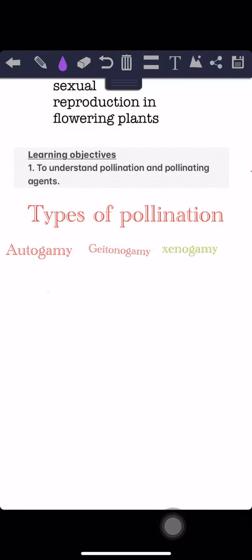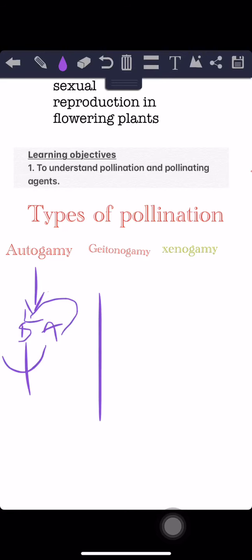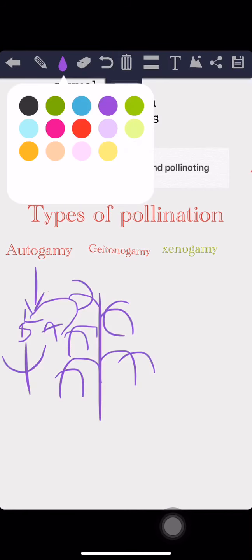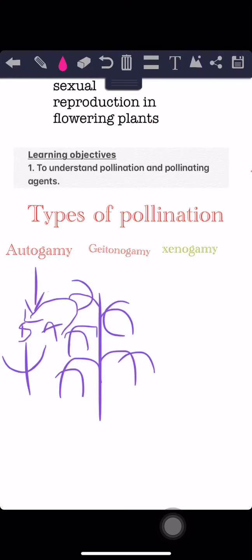So what happens in autogamy? In autogamy, if you see, there is one flower, and this is stigma, and this is anther. So in the same flower, the pollen grains transfer from the anther to the stigma. This is autogamy. Whereas in geitonogamy, the plant has different flowers, and every flower has its own anther and stigma.